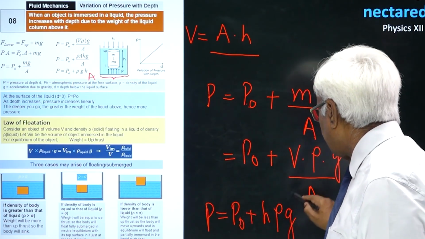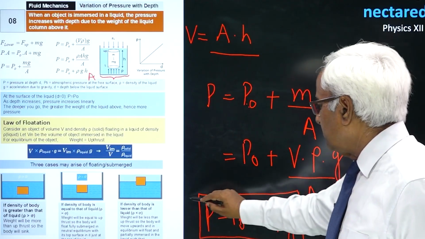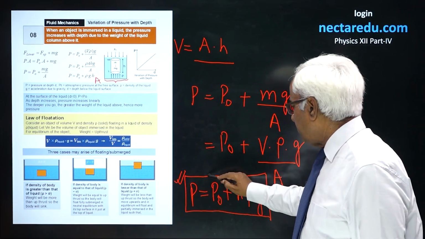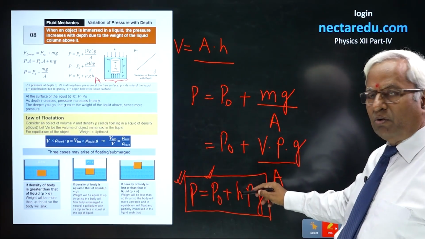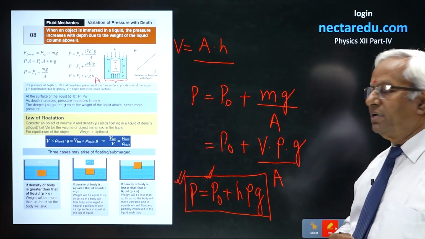This is the pressure at the bottom. You might say this is the absolute pressure. P0 is the atmospheric pressure, and these terms you are already aware of. H is the height of the column, rho the density of the liquid, and g acceleration due to gravity.